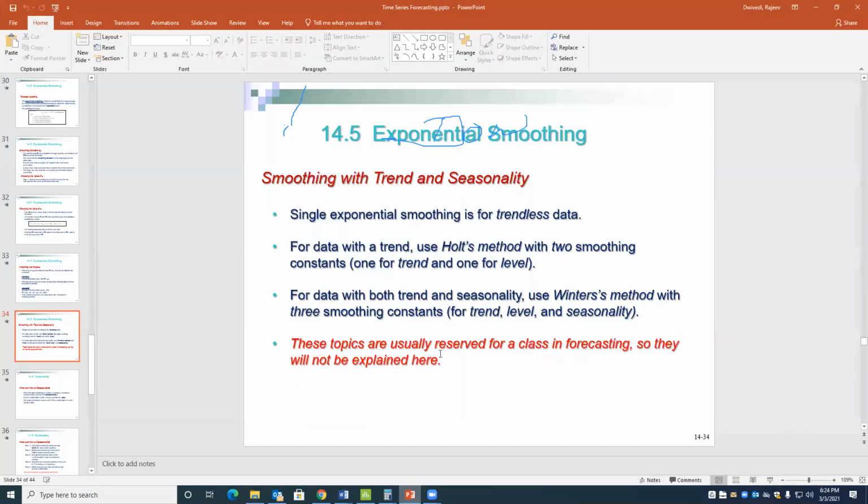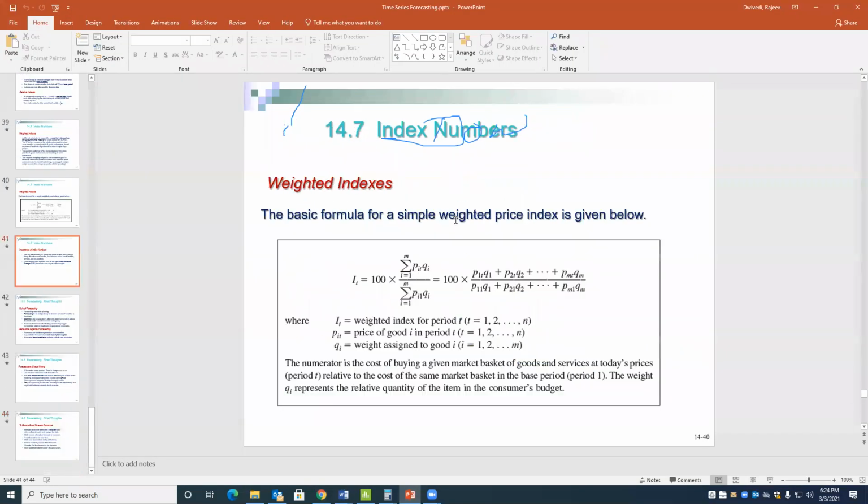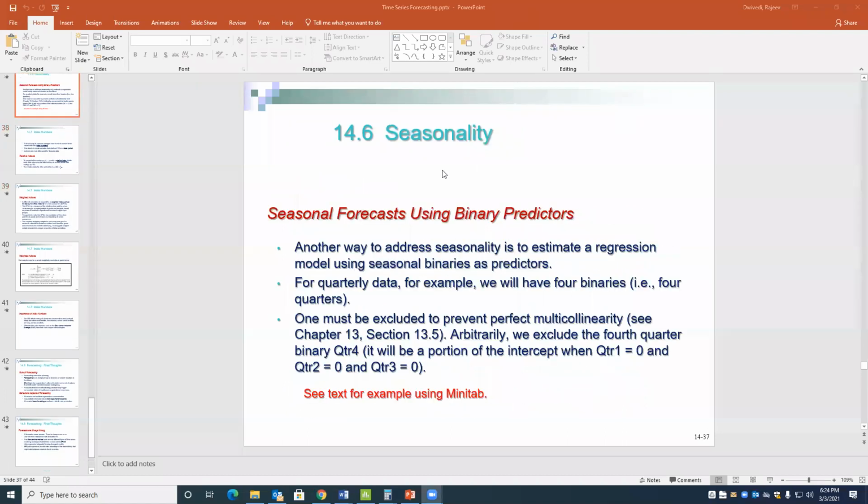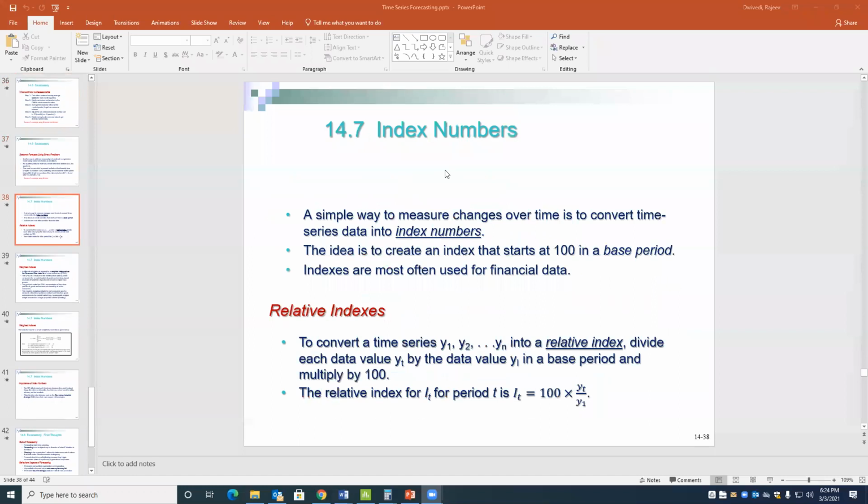So basically, for the stock exchange we have an index number.